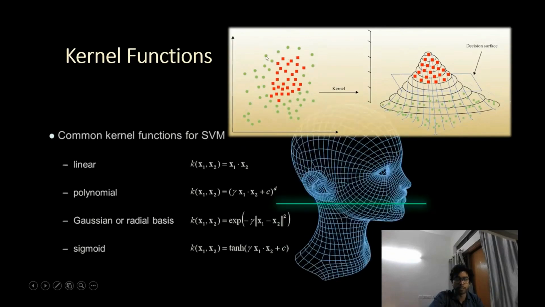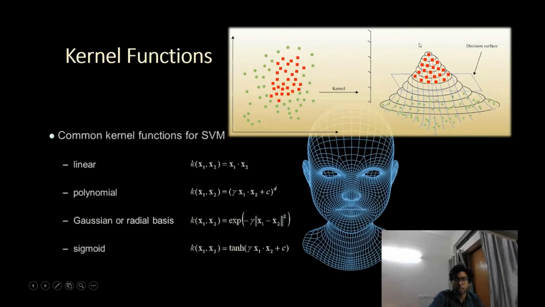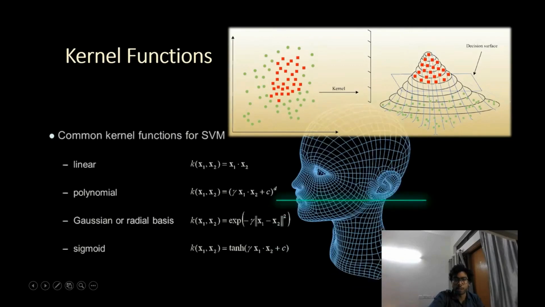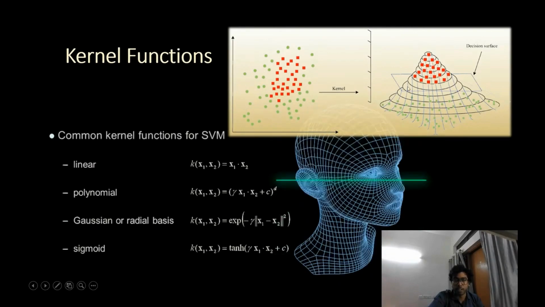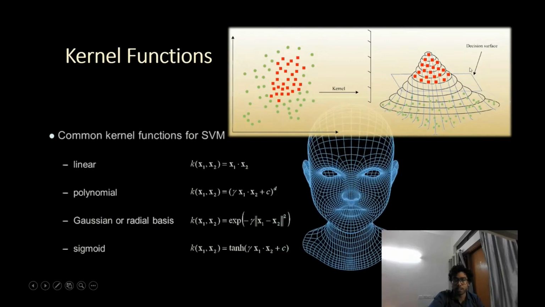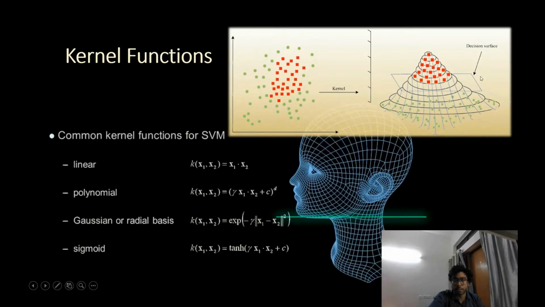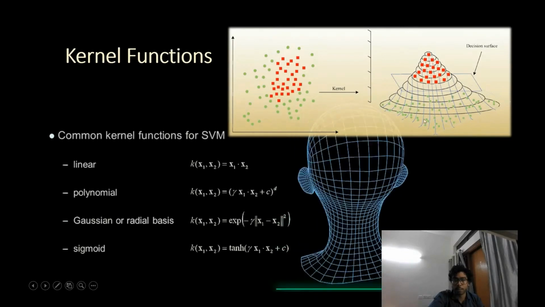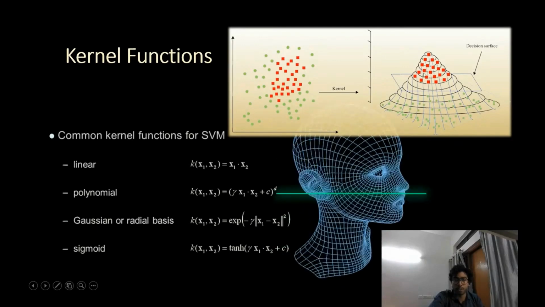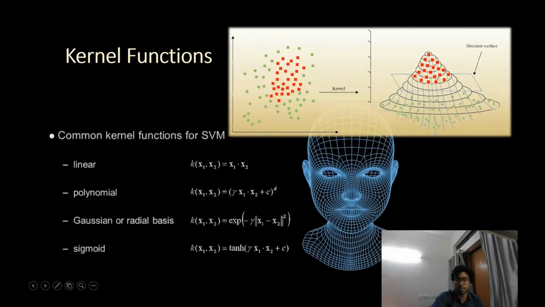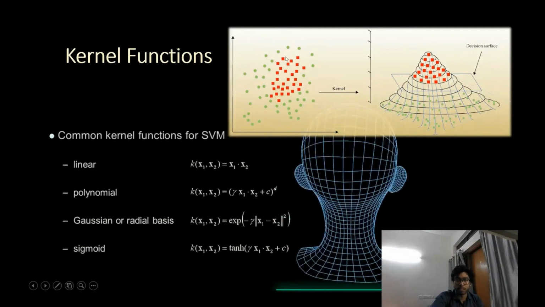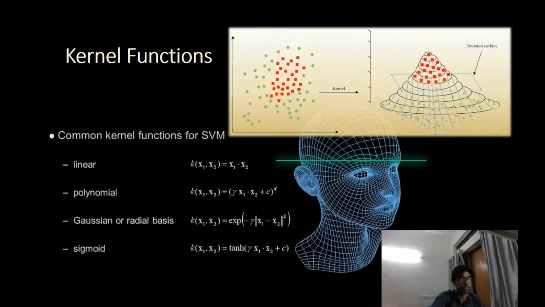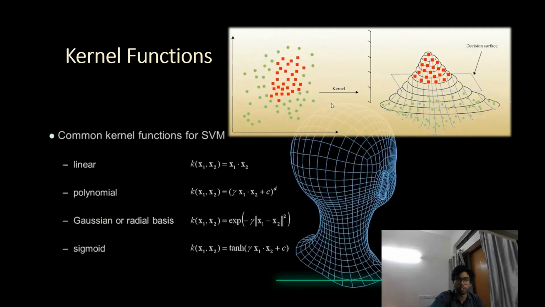You cannot draw a straight line separating the red from the green points. But when you map it to 3D data using a kernel, you can draw a hyperplane, like this decision surface they have shown, to clearly separate the red points and the green points. So this is how a projection into a higher dimension actually looks. And then the hyperplane becomes basically this circle, and you can draw a circle in 2D as well to see the best support vector classifier.